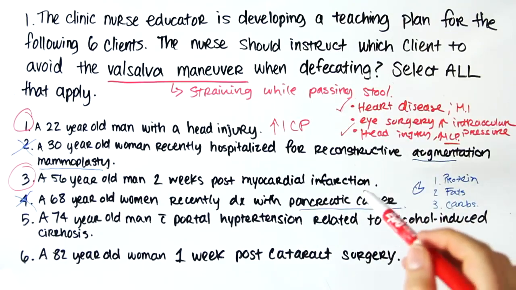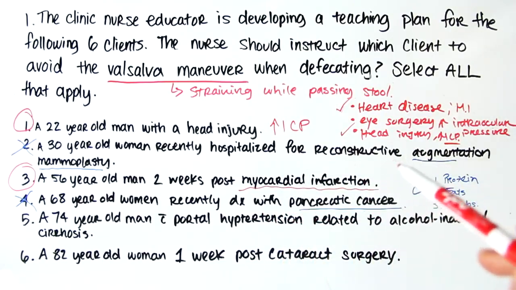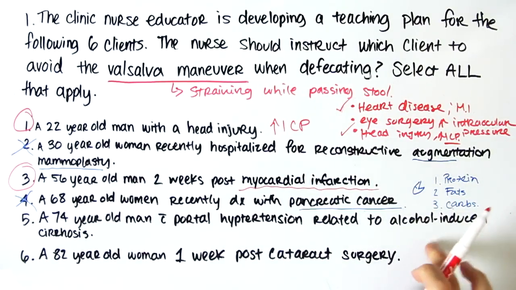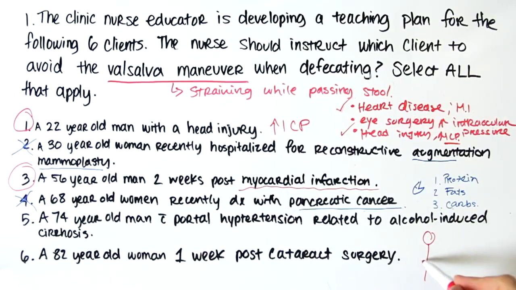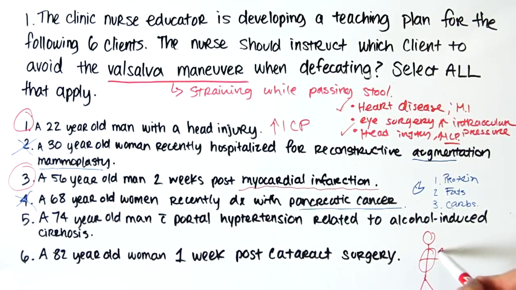And you know why? I think it's really important to explain why. For an MI, I want to draw the picture, so I'm going to draw it right over here, you guys. For an MI, while you're doing the Valsalva maneuver, it puts a lot of pressure on your chest, so it increases that pressure. But what more importantly happens is that it decreases blood flow to your heart.